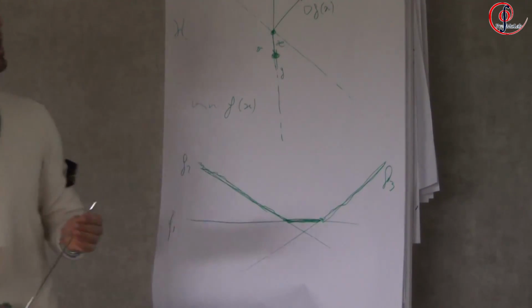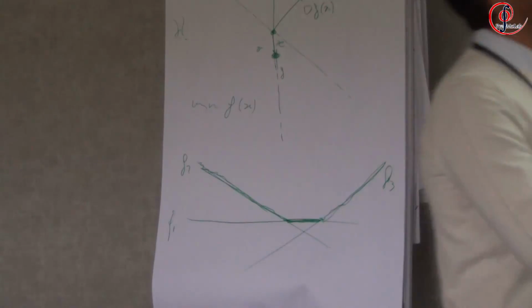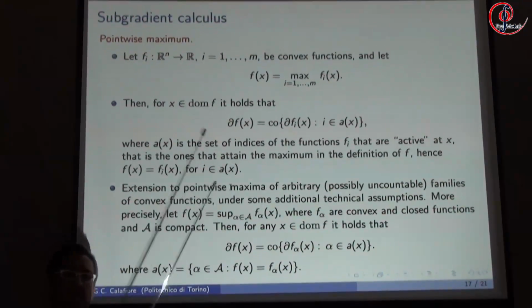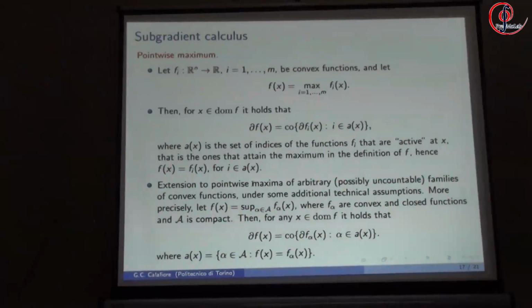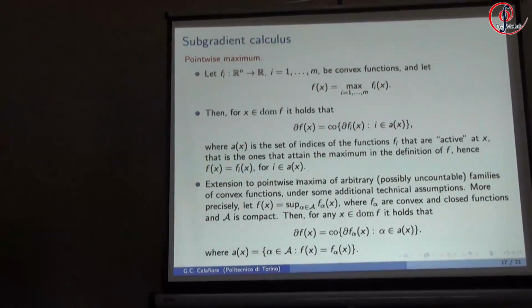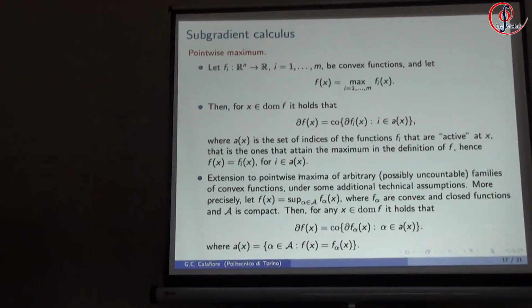Well, first of all, you might know from convex analysis that if the component functions here are convex, then the maximum of convex functions is also convex. So indeed, f of x is convex. So we may expect that we can find a subdifferential for f.